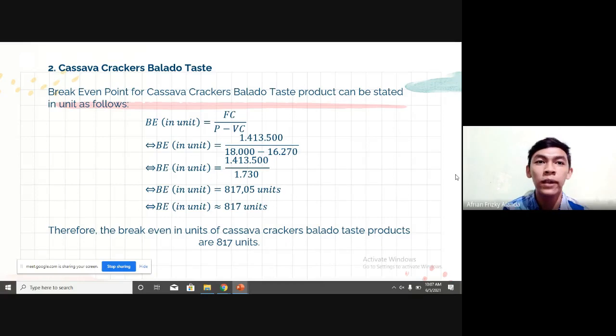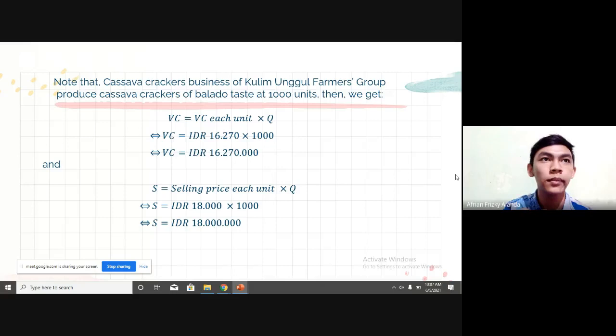Therefore, the break-even in units of cassava crackers balado taste products is 817 units.